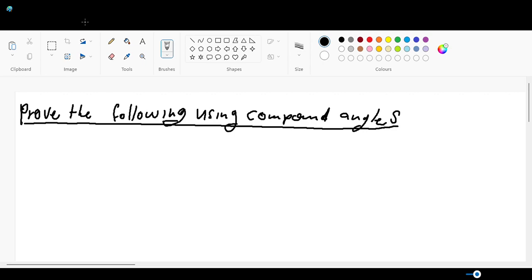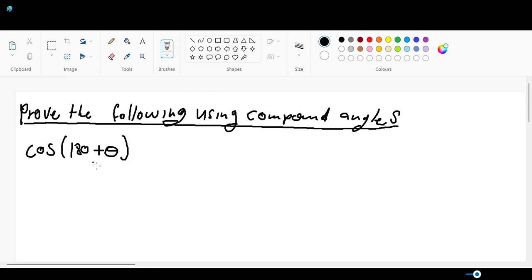Now I'm just going to use one of the problems that I have in mind. Let's say cos(180 plus theta). If you remember, 180 plus is the third quadrant, and on the third quadrant cos is not positive.